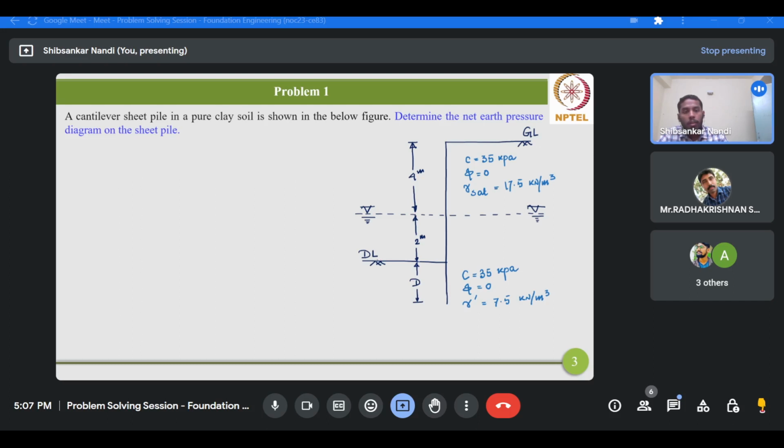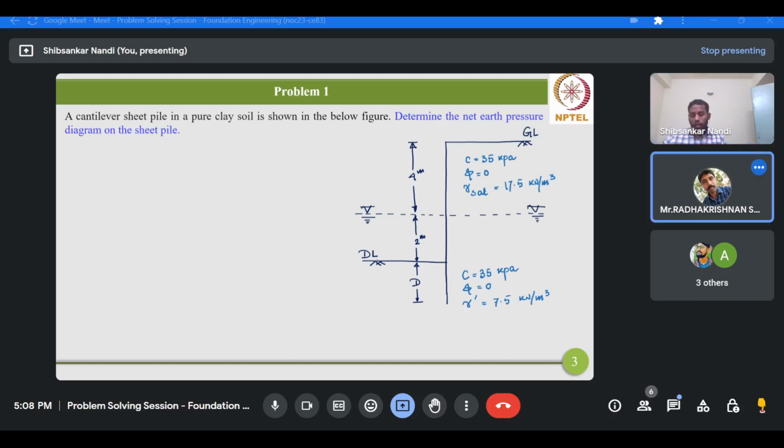This is the dredge level, and this is the embedment depth of the wall. The water table is located at a depth of 4 meter from the ground level. The cohesion is 35 kPa, the saturated unit weight is 17.5 kilonewton per meter cube above the groundwater table, and below the groundwater table the submerged unit weight is 7.5 kilonewton per meter cube.